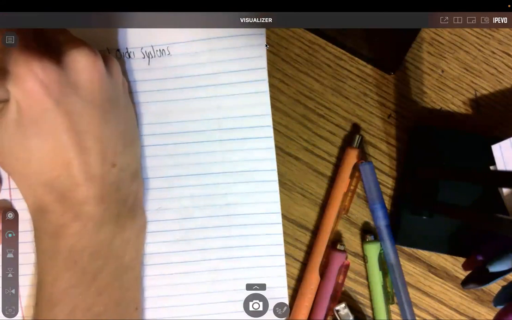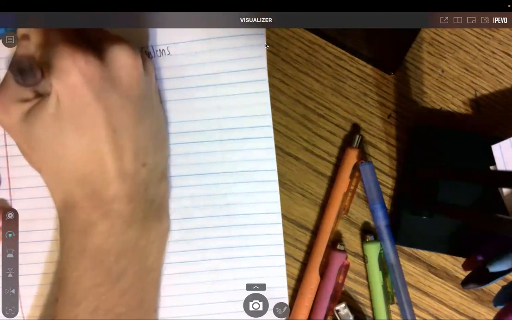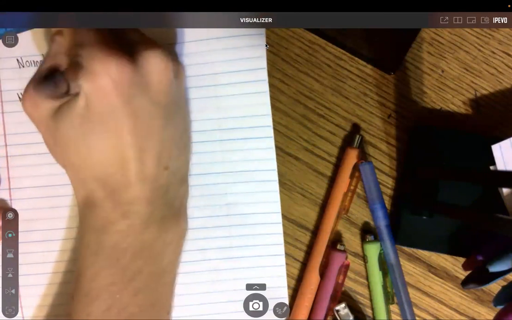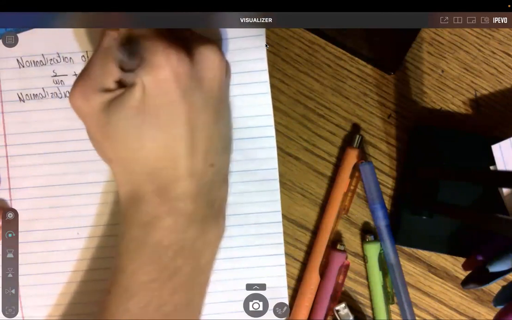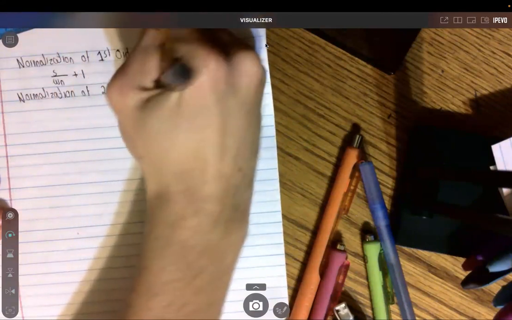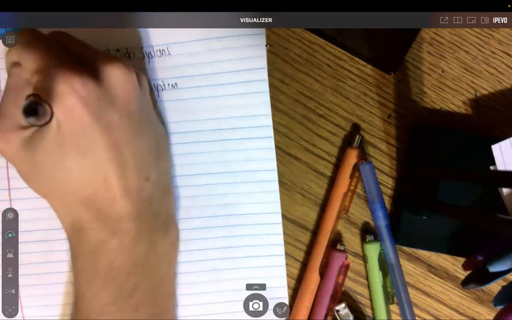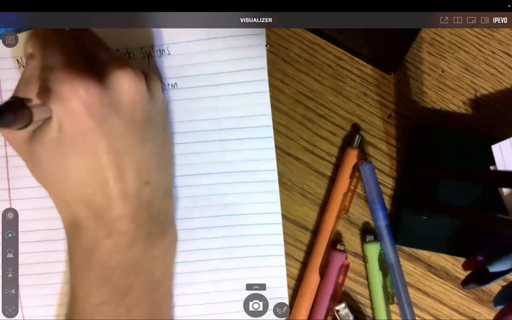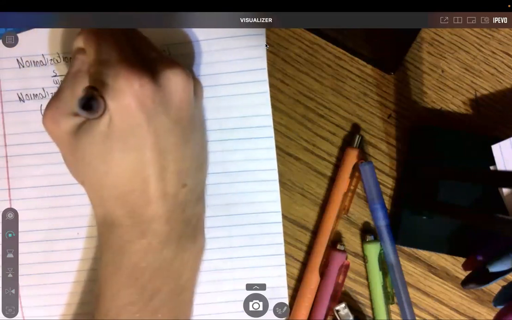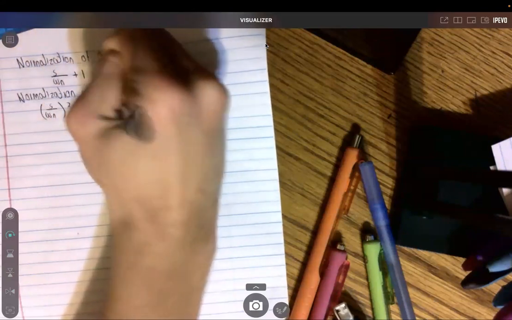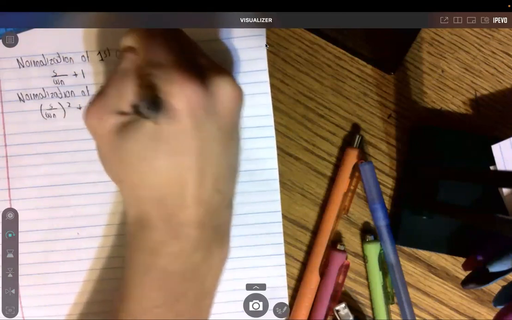But for the normalization of second order systems, you're going to have to follow S over omega n squared plus 2 zeta S over omega n plus 1.